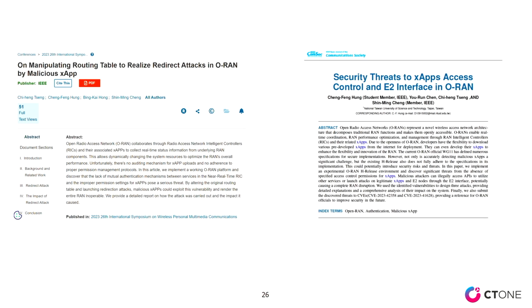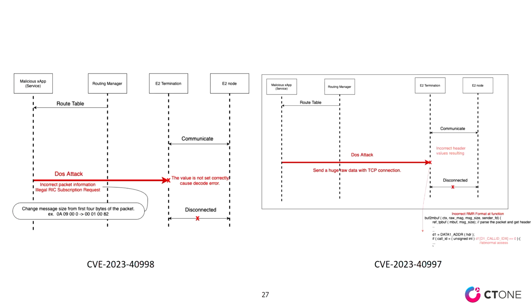We also went for academic publications because we wanted to make sure that we are going in the right direction. We wanted the best experts in the industry to review our work. And here are the results. We had two IEEE papers, a conference paper and a journal paper. These are the details of the attacks, but I will not go into the details. If you are interested in this, please attend the session by my colleague on Thursday.